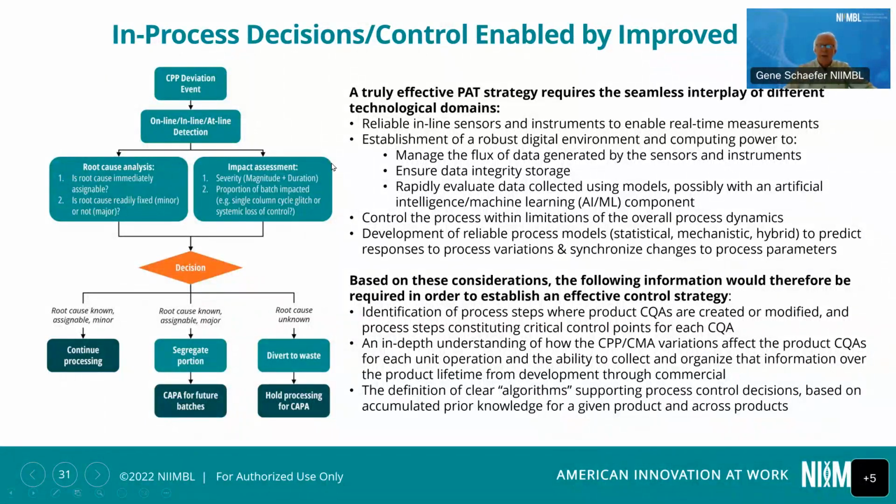And we do talk about both a sampling point and a defined intervention point. And again, as I mentioned before, creating robust and reliable process models to predict those responses and synchronize any changes and represent them in a reasonable way so that you can assess it within the quality management system of a given organization.